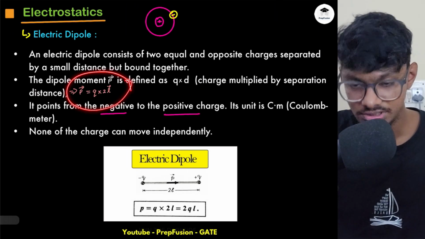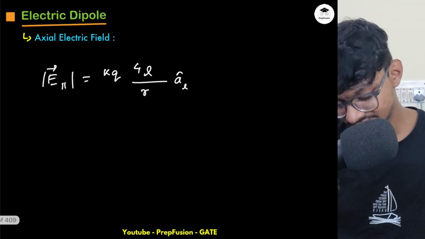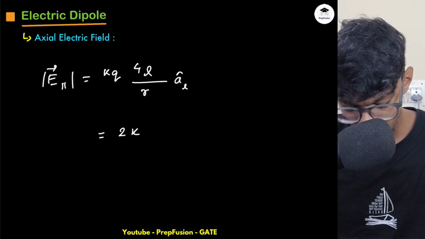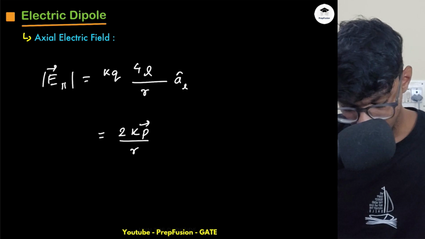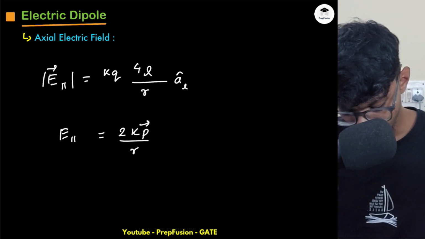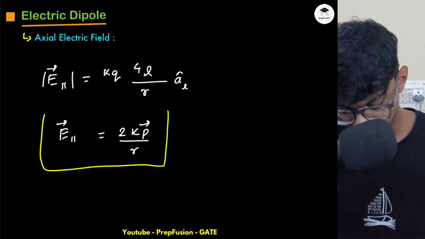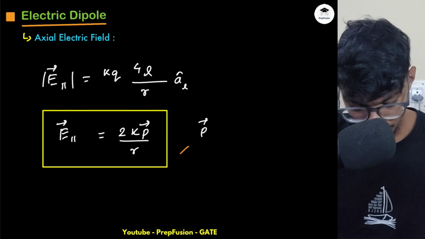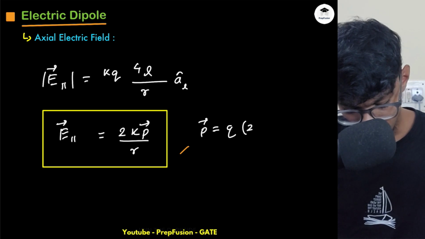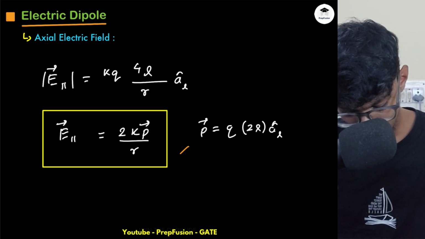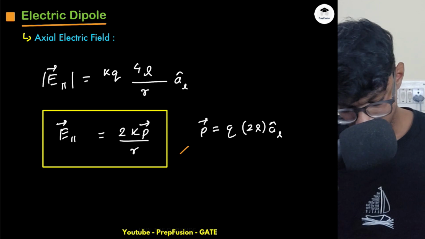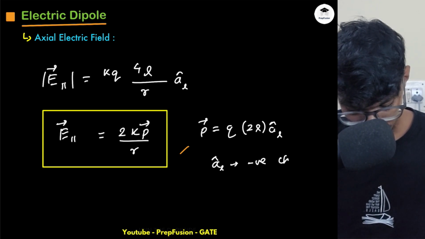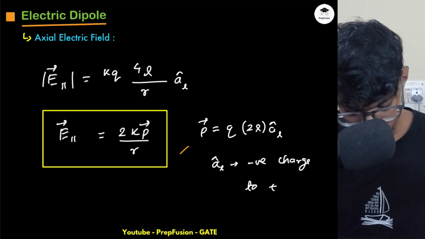Simple dipole moment. So that's why we write it neatly that this simplifies to 2kP divided by r cube. My electric field along the axis of a dipole is simply this, where my P is simply q times 2L AL cap direction, where AL cap direction is from negative charge to positive charge.